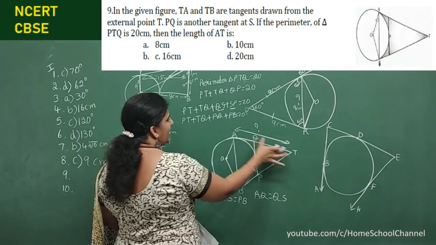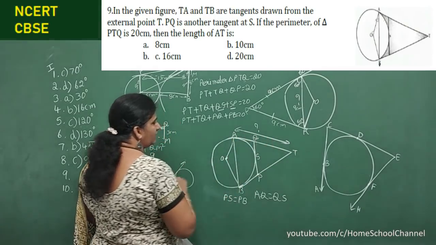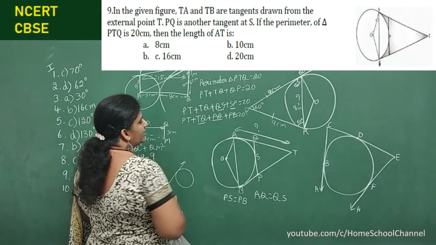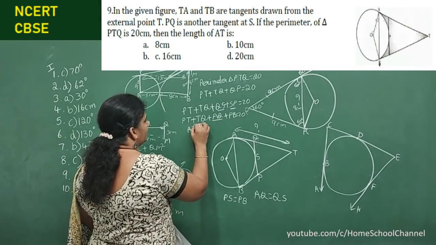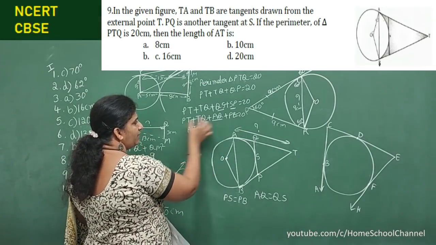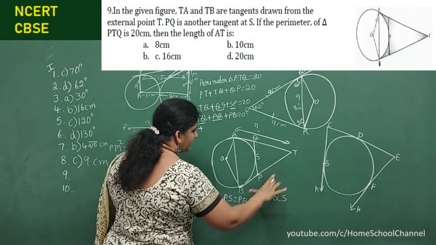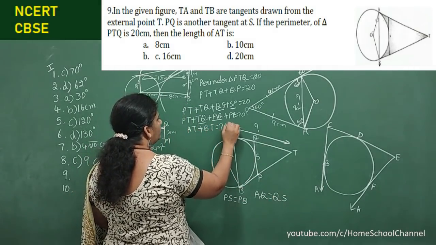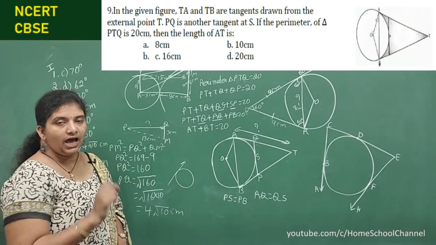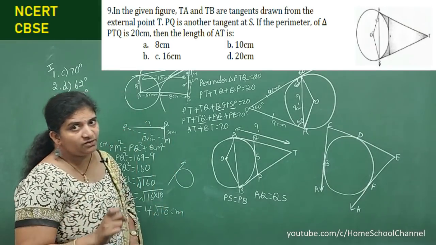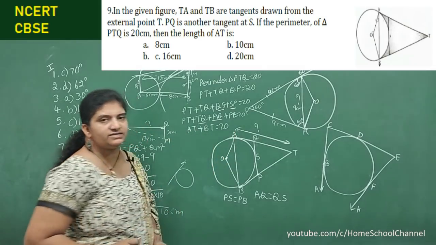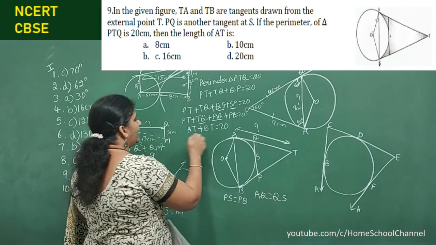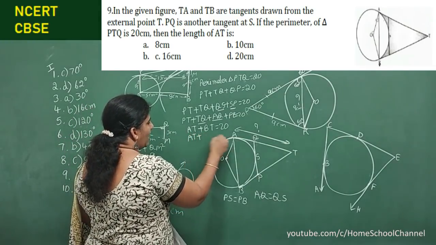Now, what is AQ plus QT? It is nothing but AT. AQ plus QT is nothing but AT, plus PB plus PT. PB plus PT is nothing but the big line BT, is equal to 20. I know if T is an external point, again these two tangents are equal, which tangents? TA and TB. Therefore, instead of BT, I write it as AT.